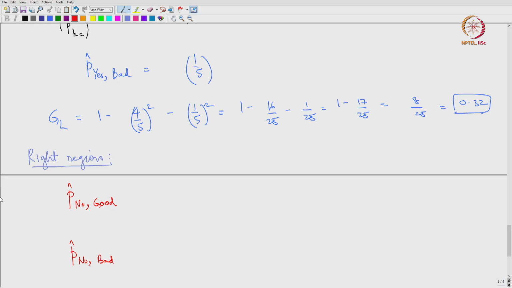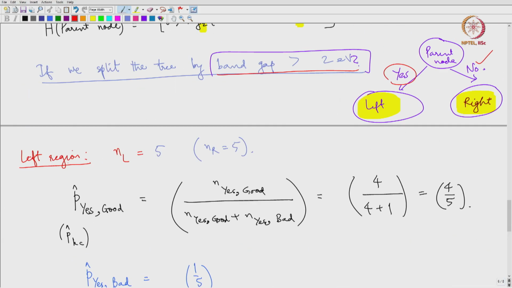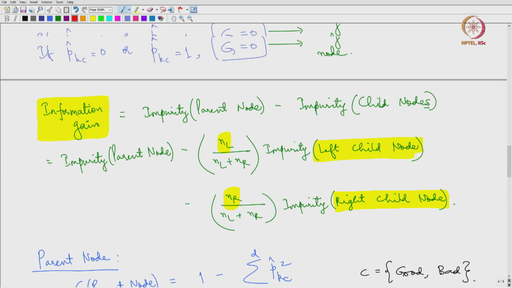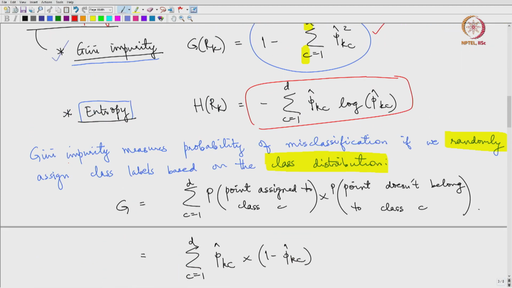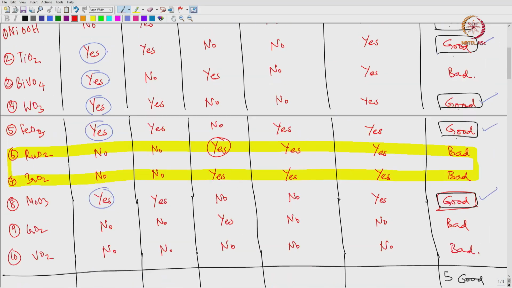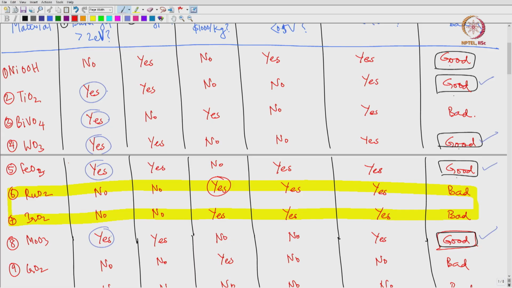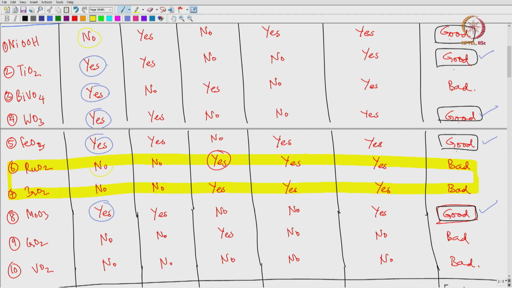Out of the no, how many are good and how many are bad? Which ones are the no? The no ones are here, let us circle them up. So, the no ones are 1, 2, 3, 4 and 5.